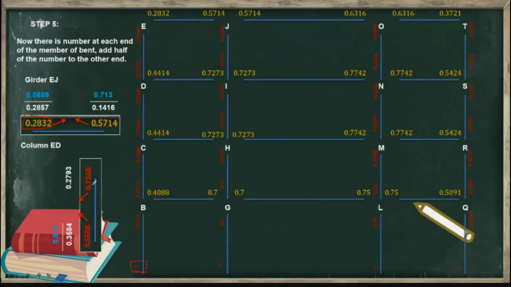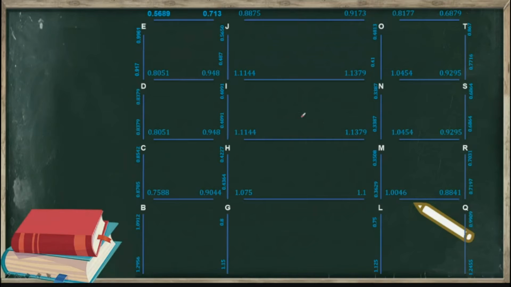So, i-add natin itong 0.7168 para makuha ang panibagong value na 0.9961. So, again, gagawin din ito sa lahat pa ng mga column members natin. So, ito na siya. Yan na yung mga panibagong values natin for column and girders.